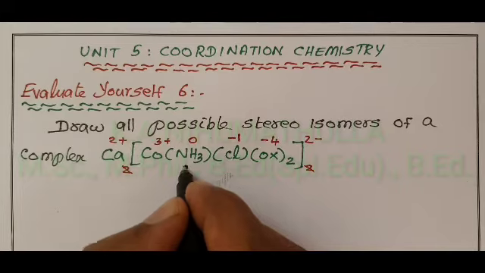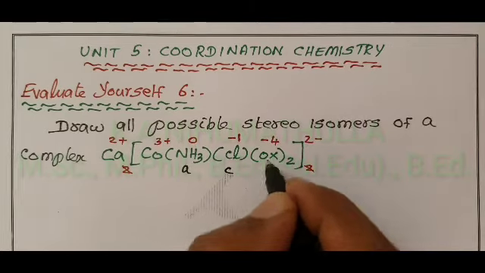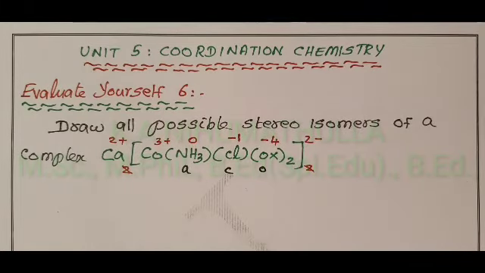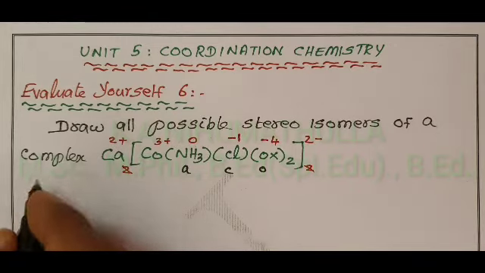Amine starts with the letter A, chlorido C, oxalato O. According to alphabetical order, when you name the complexes, we have to select the ligands in this order: first, second, and third. The cation is calcium. Start with the calcium.